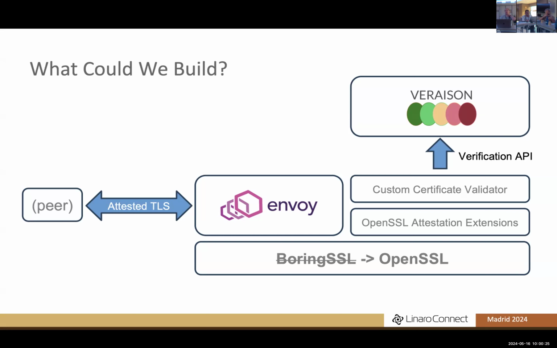And I was thinking, well, an interesting nugget to build would be a certificate validator that takes an evidence bundle, an attestation credential, and sends it to Veraison through the C clients, the same C clients that we created. Envoy is C++, but of course C++ to C is a fairly straightforward story.